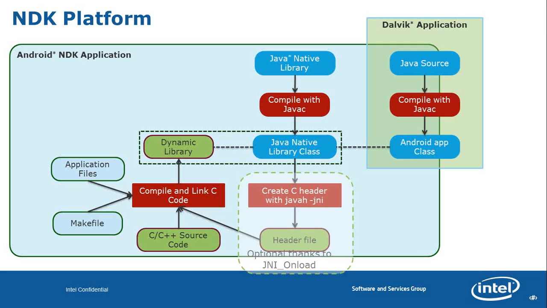Again, in terms of Dalvik applications, you have one more layer of compilation, where you get the .dex code. That is another layer of compilation which happens in the Android OS layer. So this is how an NDK platform looks.